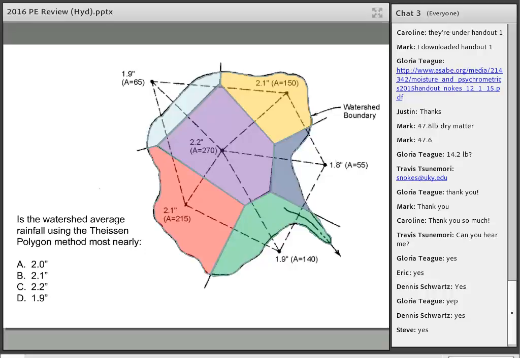Then you have to reconstruct the polygons, because all of a sudden, if this one, let me grab the little arrow that I keep forgetting to grab, if this upper left one goes away, now this bisector isn't interrupted by this one because this one doesn't exist.